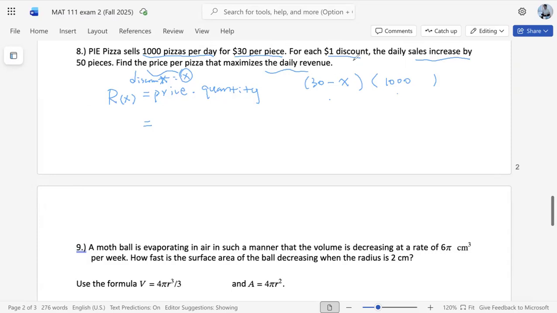But for each $1 discount, the sales increase by 50.